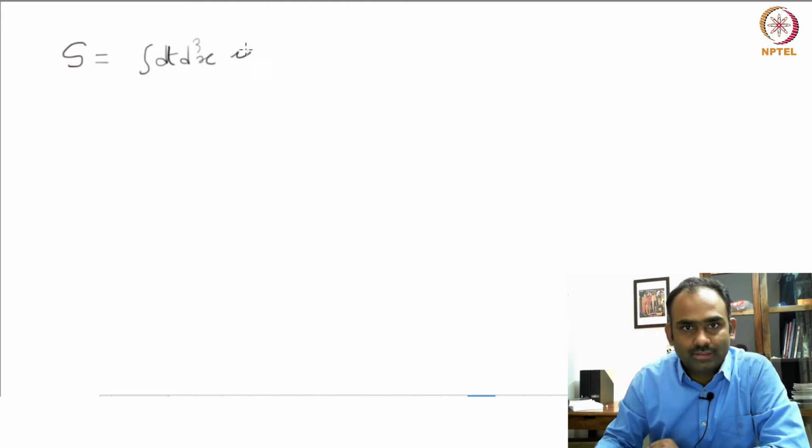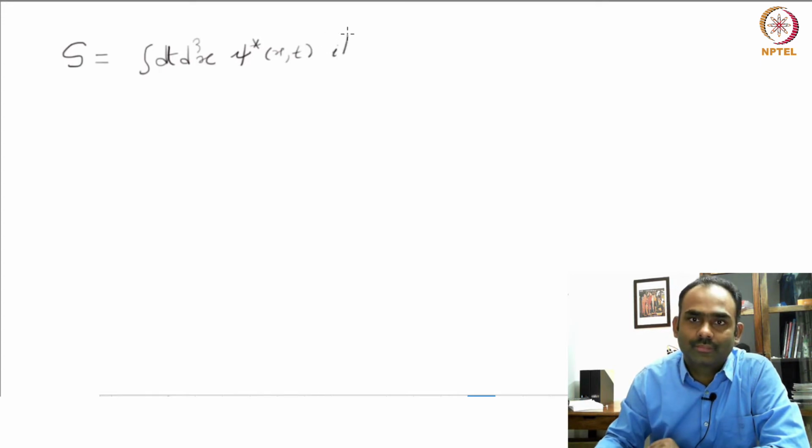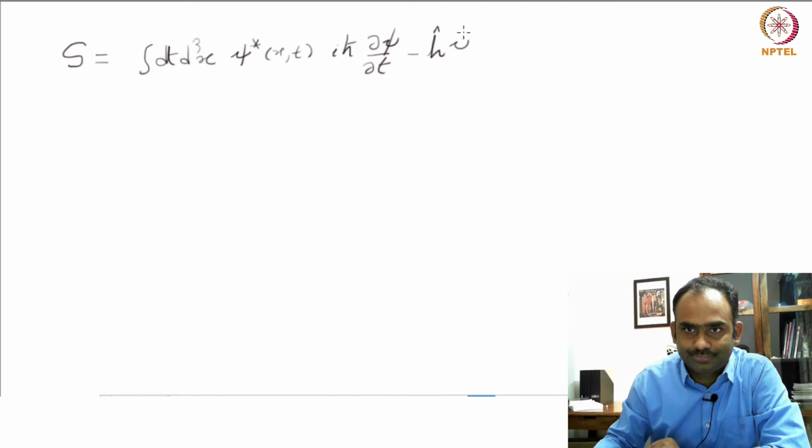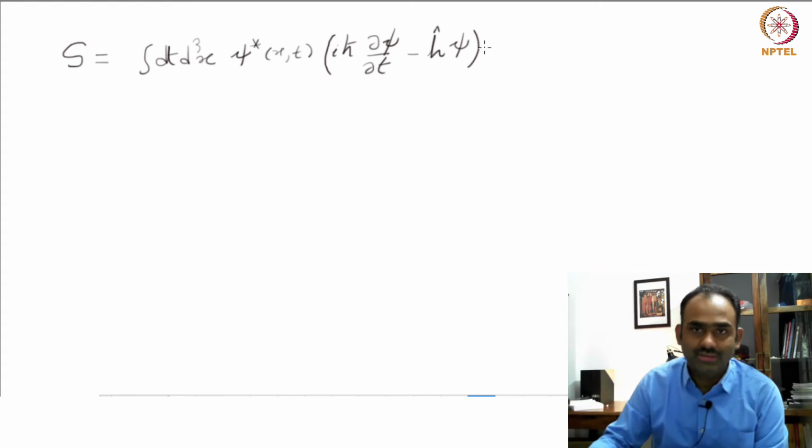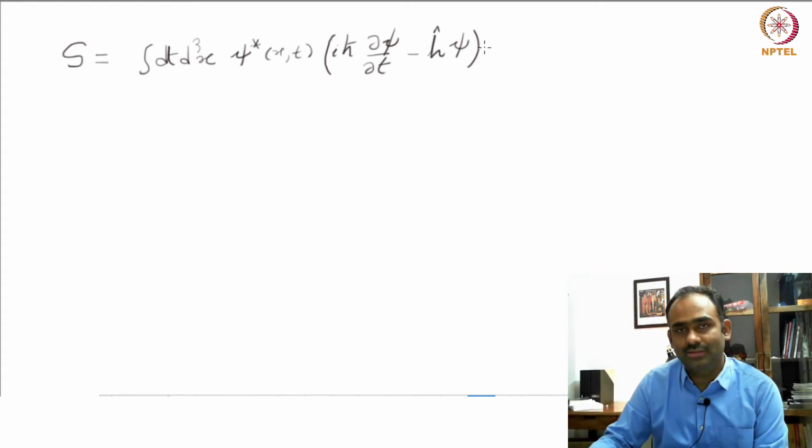Okay, and then you have a psi star minus h hat psi. Okay, and if you take this action and write down the Euler-Lagrange equations, you will get the Schrodinger equation.